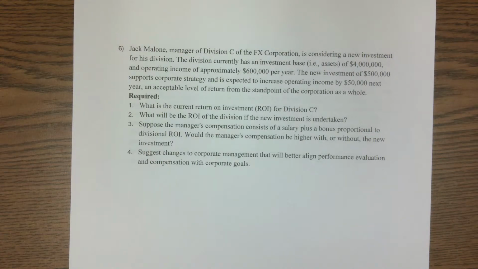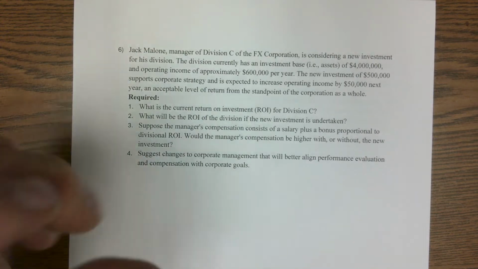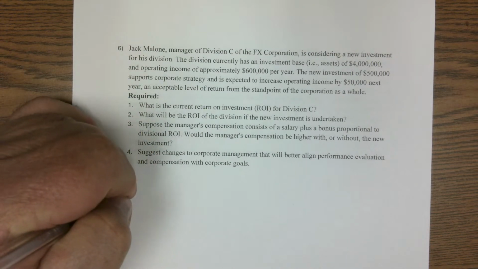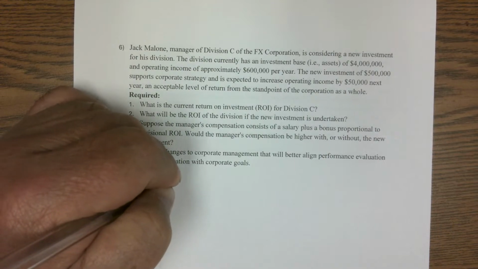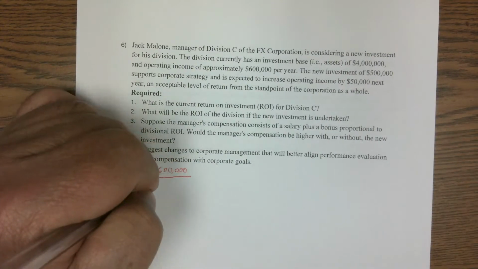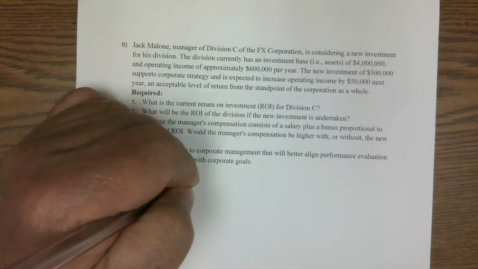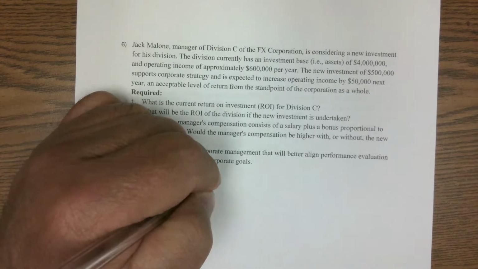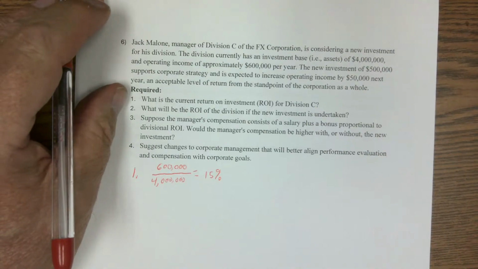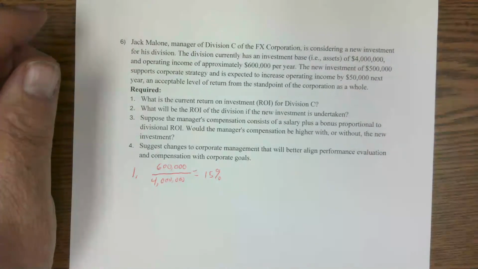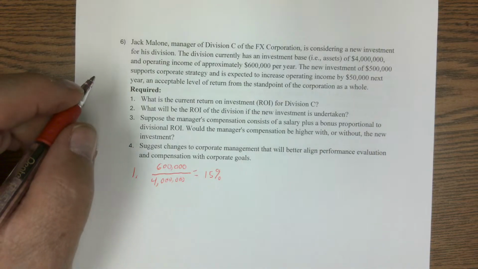What is the current return on investment for Division C? So number 1 is simply the $600,000, the income, divided by the investment of $4 million, and that's going to equal 15% or 0.15, however you want to word that. Okay, what will be the ROI of the division if the new investment is undertaken?